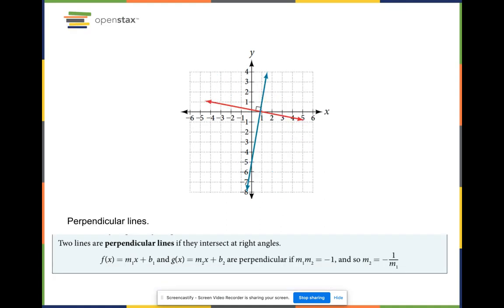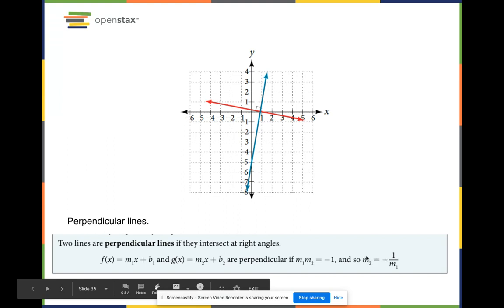Perpendicular is a little more interesting. Two lines are perpendicular if they intersect at a right angle. So we can see the red and blue lines there do that. And maybe you remember the relationship of their slopes. They are negative reciprocals of each other, right? So if you have a slope of m2, you get it by changing the sign and taking the reciprocal of the slope.